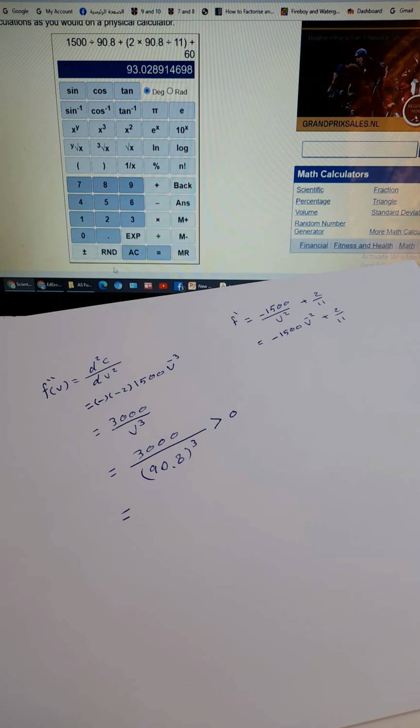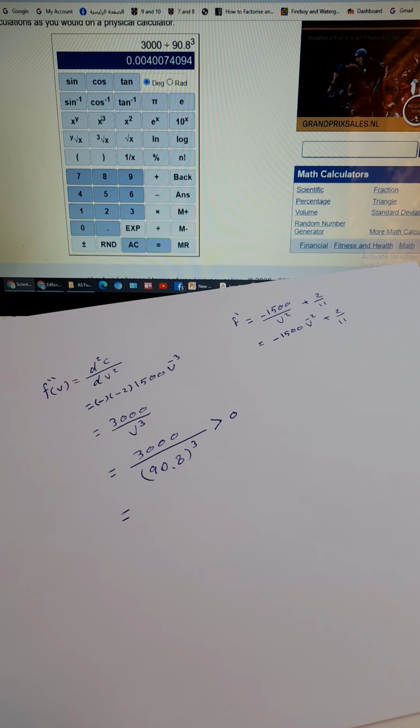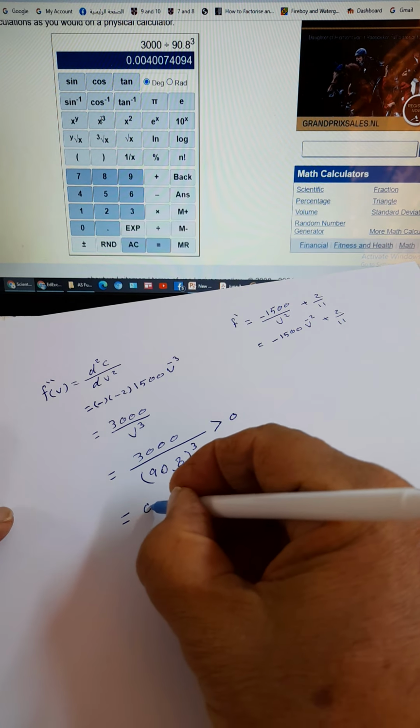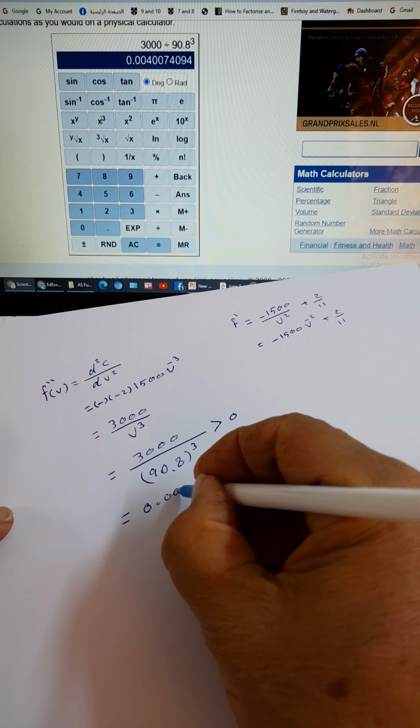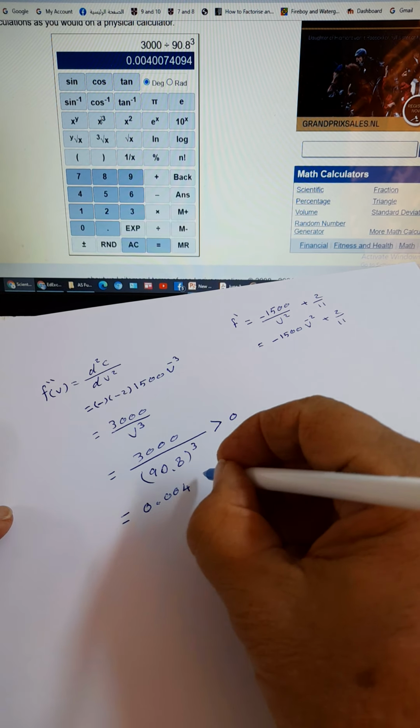Let us check by the calculator. 3000 divided by the cube of 90.8 equals 0.004, which is positive.